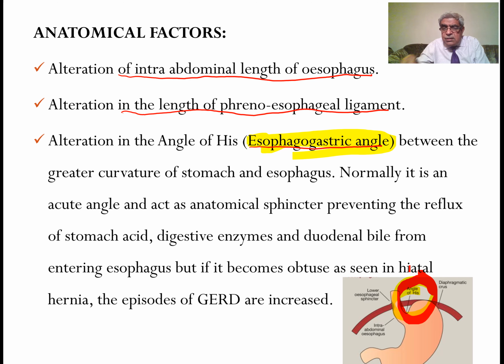Normally it is an acute angle, that is less than 90, and acts as an anatomical sphincter, preventing the reflux of the stomach acid, digestive enzymes.